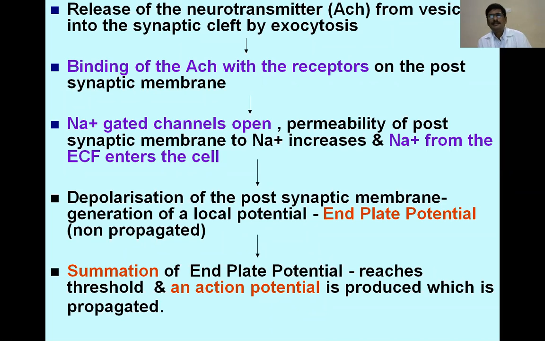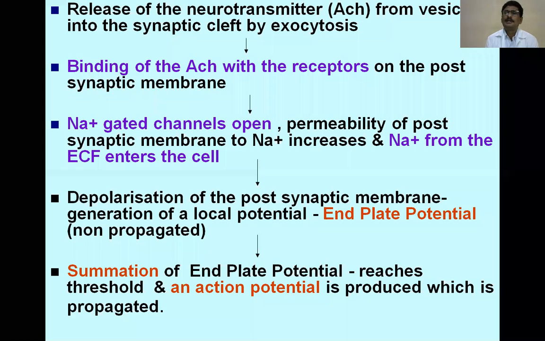In this case, it is ligand-gated sodium channels, which cause positivity inside and the development of end plate potential. Once this end plate potential reaches the threshold, it fires an action potential by sudden influx of sodium via the voltage-gated channels. Once the action potential is generated, which is a propagated one, it spreads on either side of the sarcolemma, and also passes into the muscle by means of T tubules.